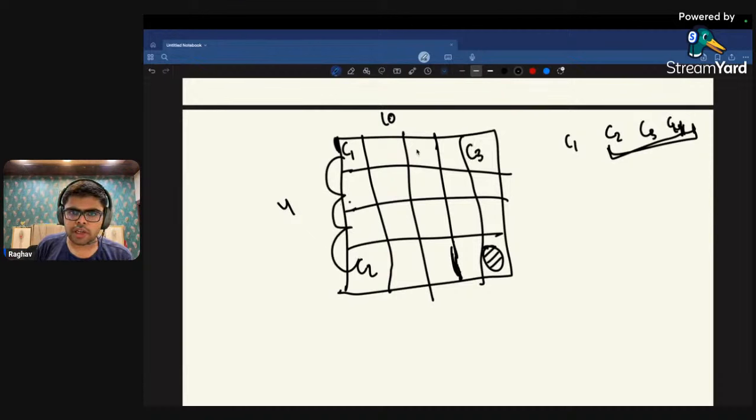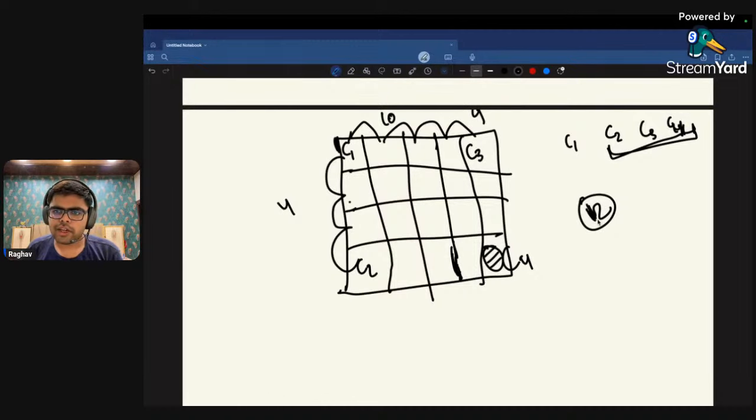Whichever corner comes up here would be at a distance of 9 from C1, and whichever corner comes up at this place will be at a distance of this 9 plus 3, that is 12, in whichever way you go.